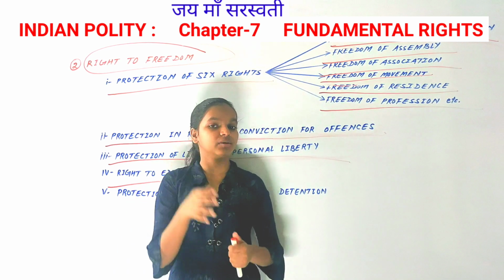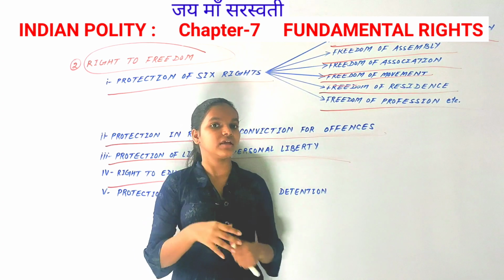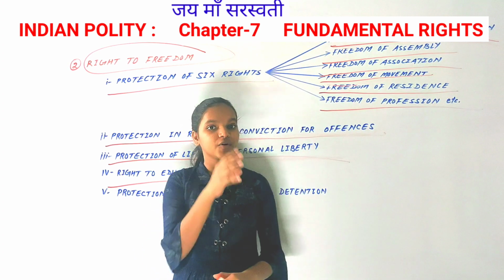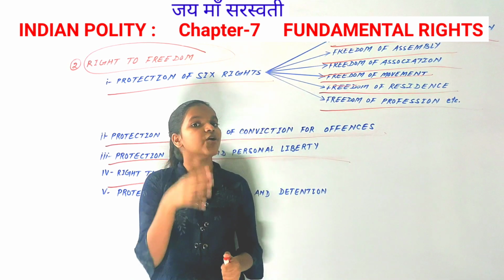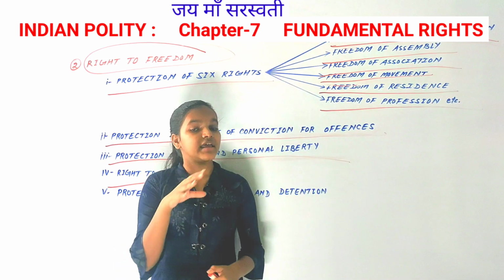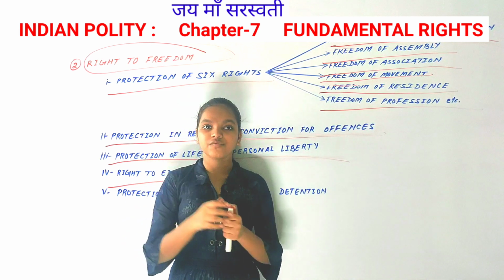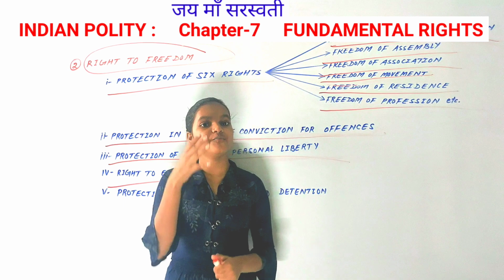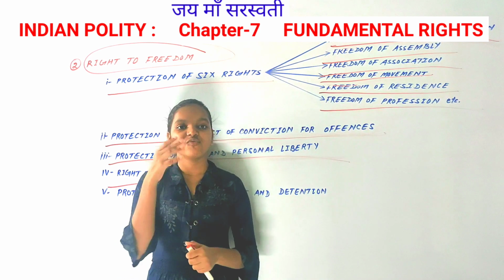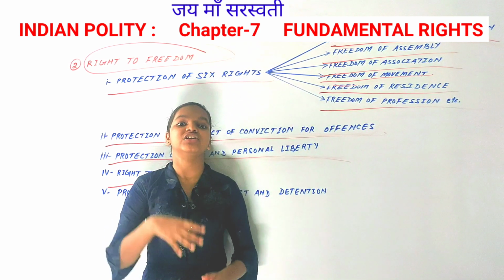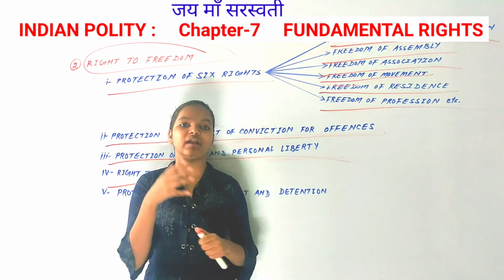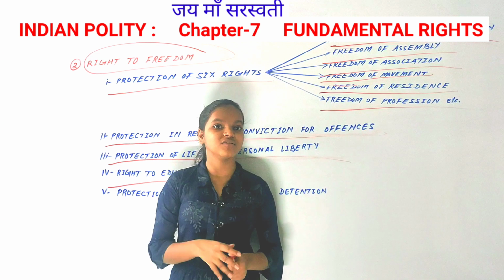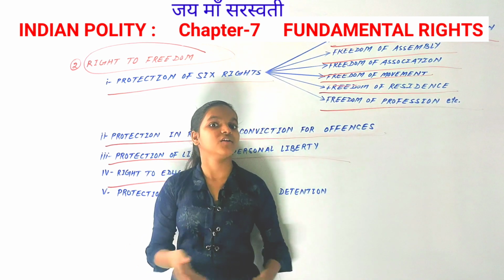Before that amendment, there was a provision for educating children in Article 45 under Part 4 of the Constitution, but because it was a directive principle of state policy and not a fundamental right, it was not enforced and not justiciable by the Supreme Court or any court.